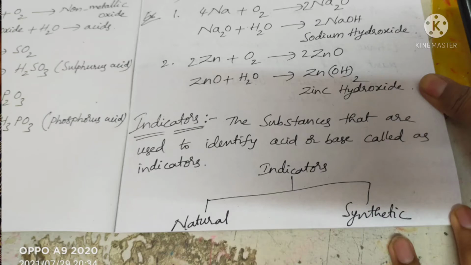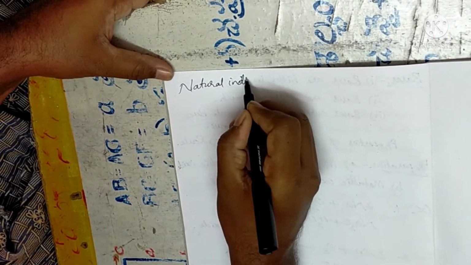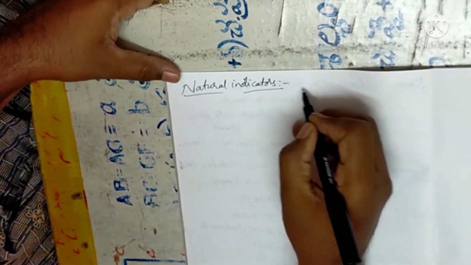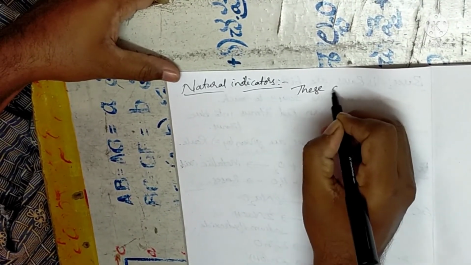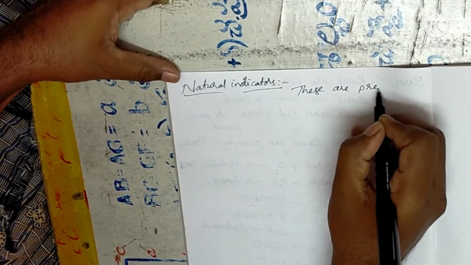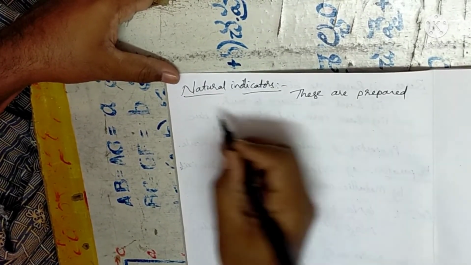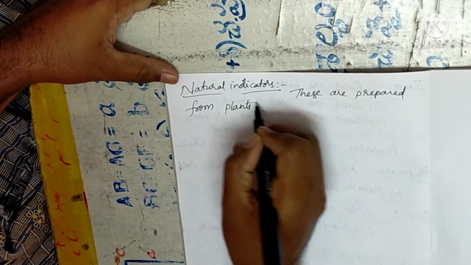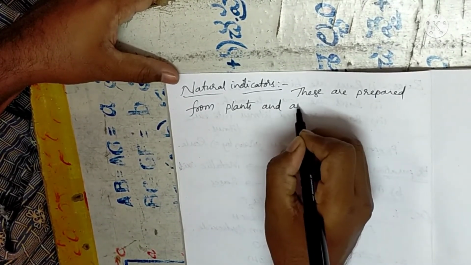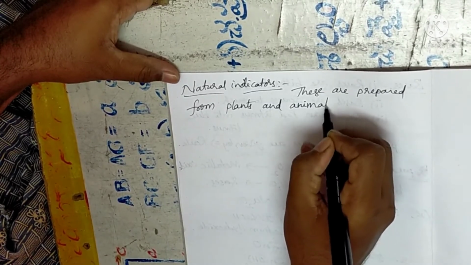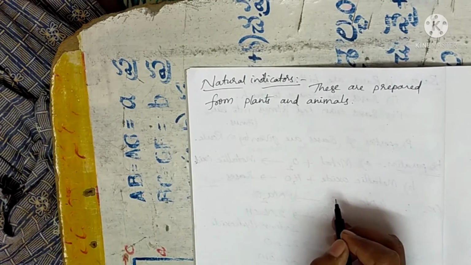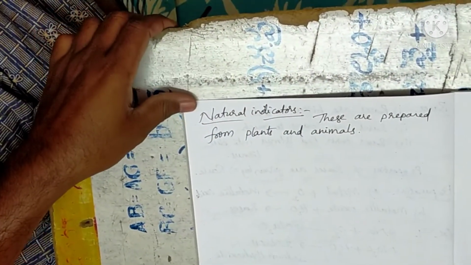Natural indicators are prepared from plants and animals. So the indicators which are extracted from plants and animals are called natural indicators.